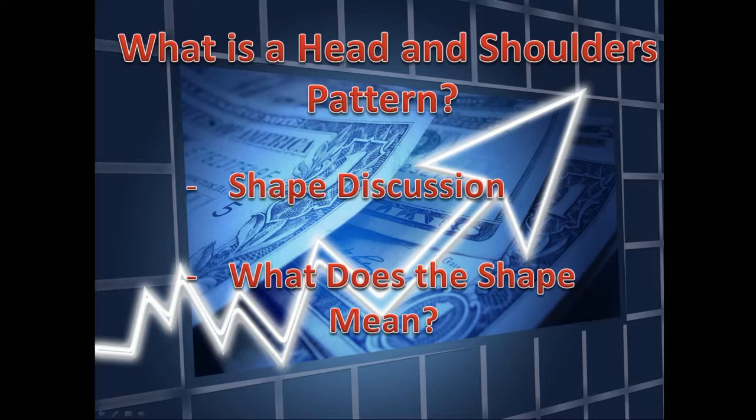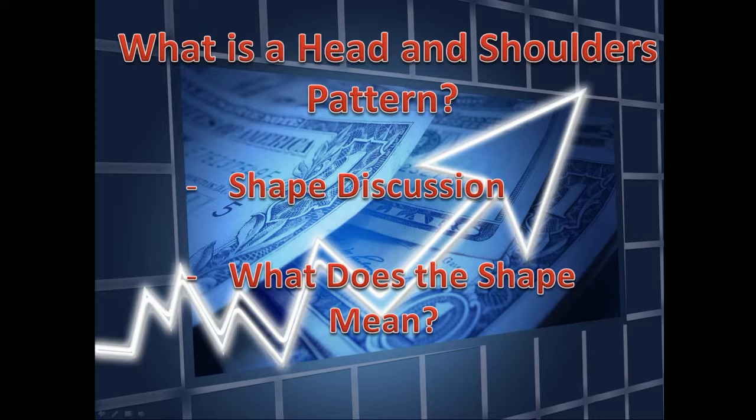What does the shape mean? Usually it's going to be off of a major resistance line or a major support line. So what it means is it found support on the line in the first hump. The market was able to push it up, and let's just say it's a bull market, and it's an upwards head and shoulders pattern.